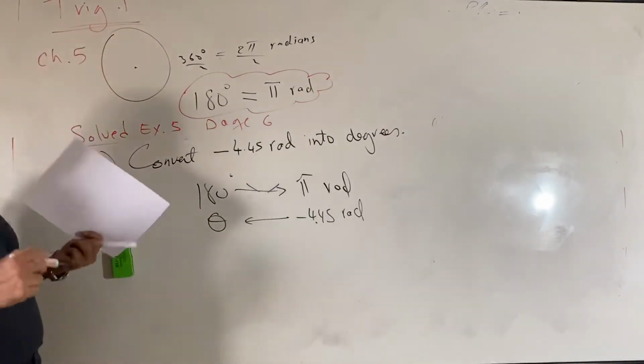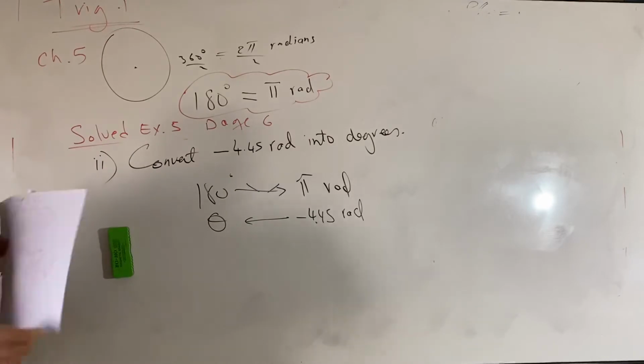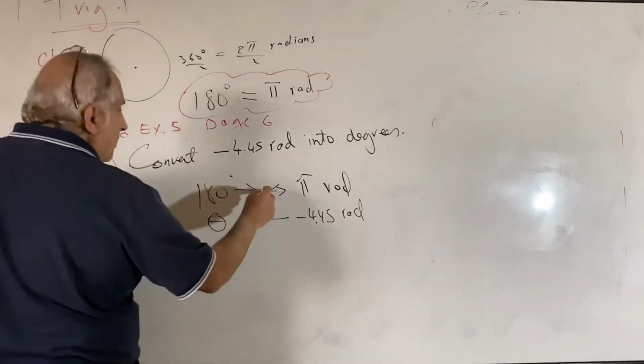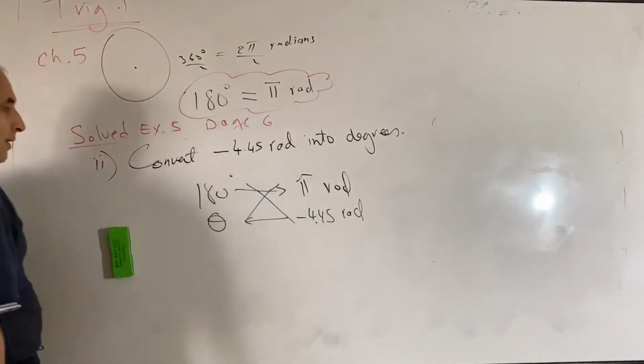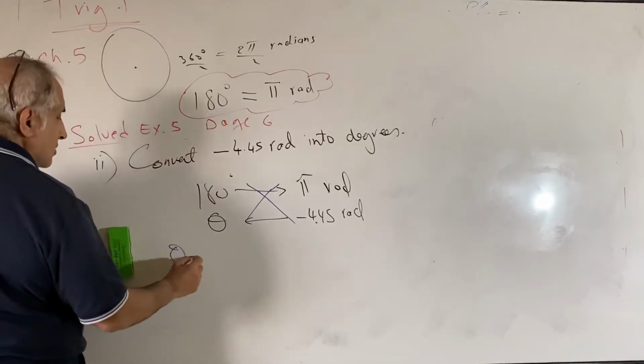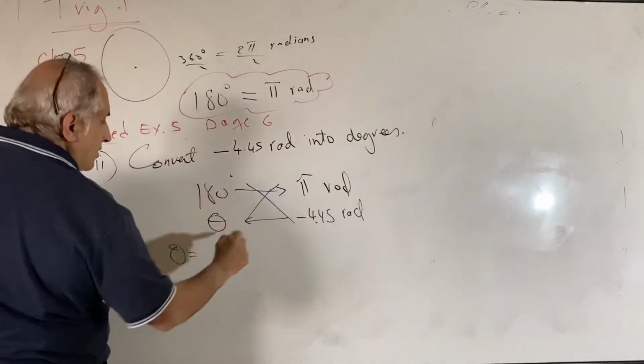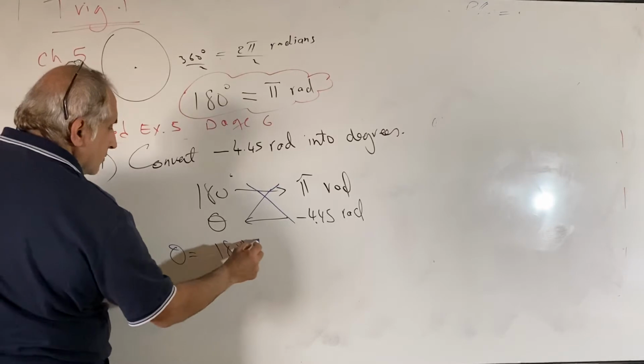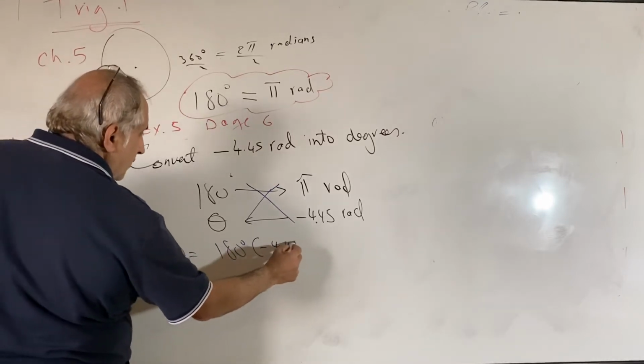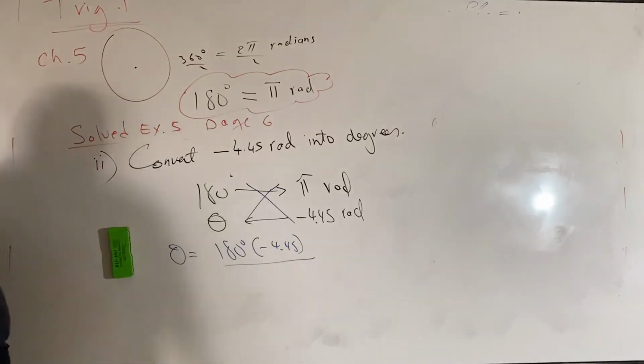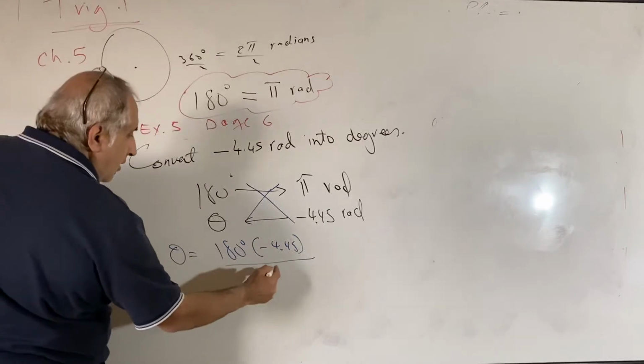Then what do we do? Like before, we cross multiply. So theta equals 180 times negative 4.45, and that's to be divided by pi.